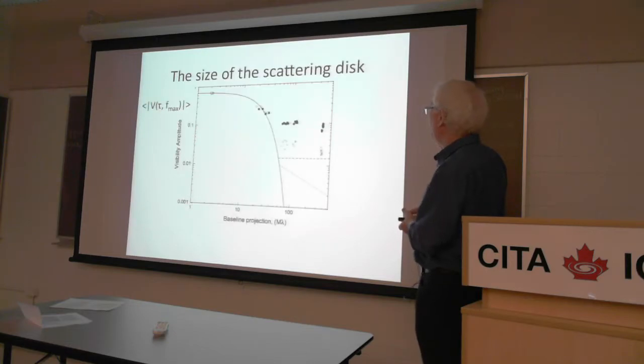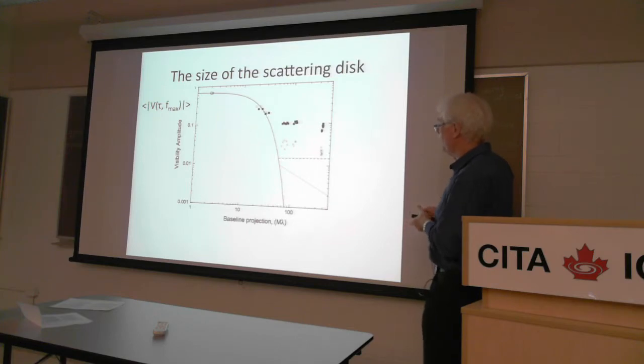So here we have now the plot of the visibility amplitudes as a function of the projected baseline in mega lambda. And this is close to 1 here. And then we have on these baselines about 20, 30 mega lambda, the visibility falls off.